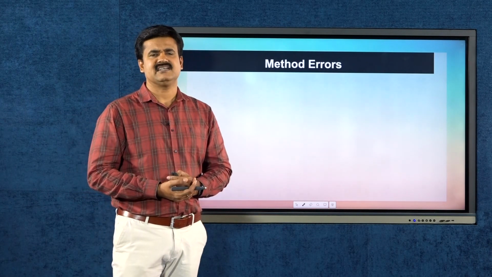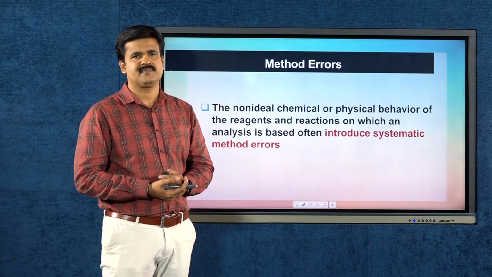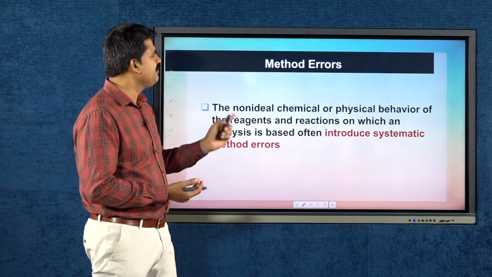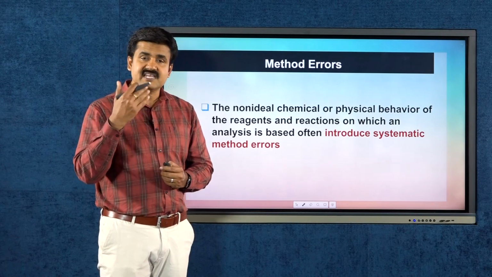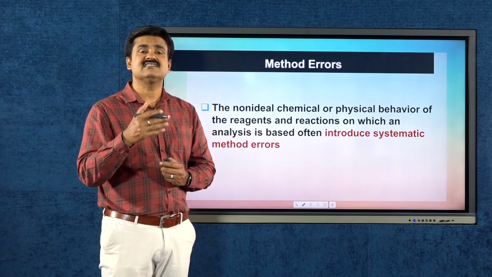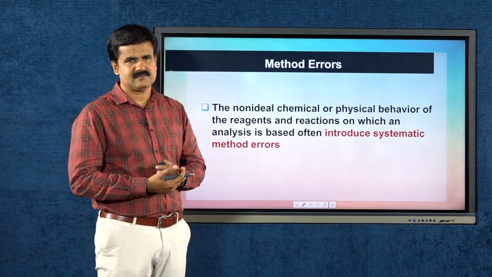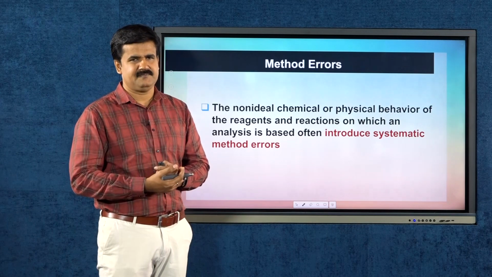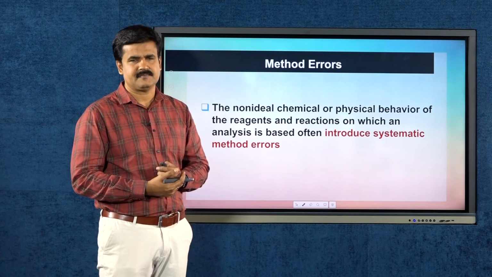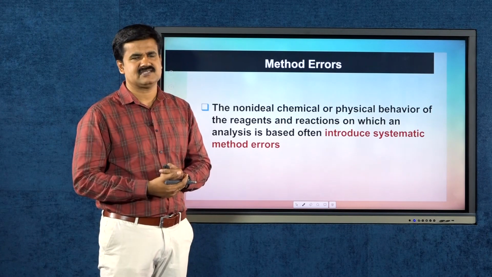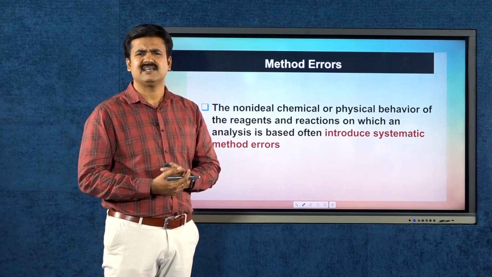The second category is method error or error due to method. The non-ideal chemical or physical behavior of the reagents and the reactions on which an analysis is based often introduce systematic method errors. This is called error due to method. Impure reagent or presence of impurities in the reagent, inappropriate reactions, not well-defined reactions, etc. may interfere with the analysis.